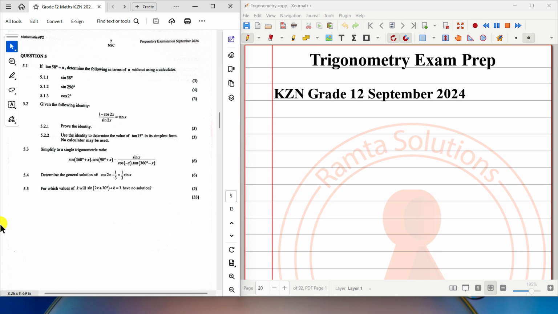All right, guys. As you can see, this trigonometry starts at question 5. And this question is 33 marks. Therefore, if we are on the right track, we should spend 33 minutes or less. Spending more than 33 minutes could prove to be a bit lethal, guys.